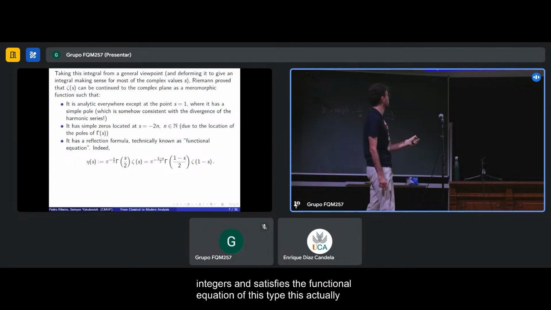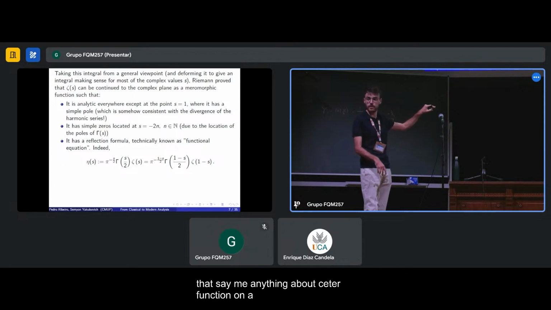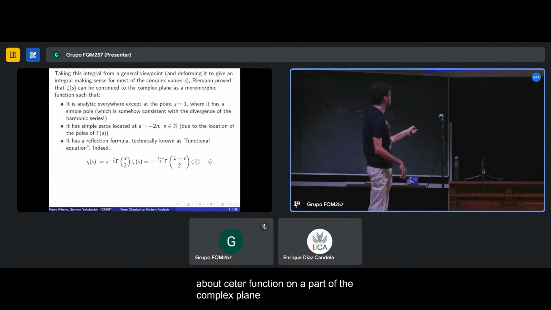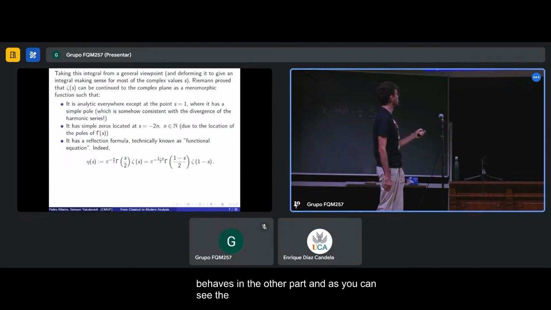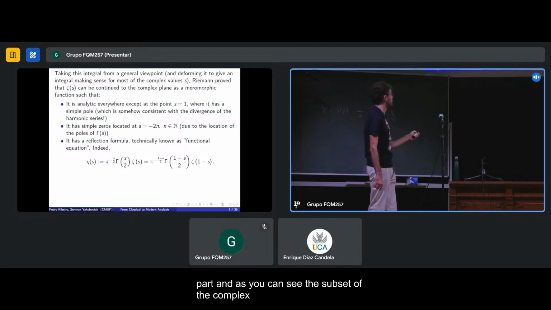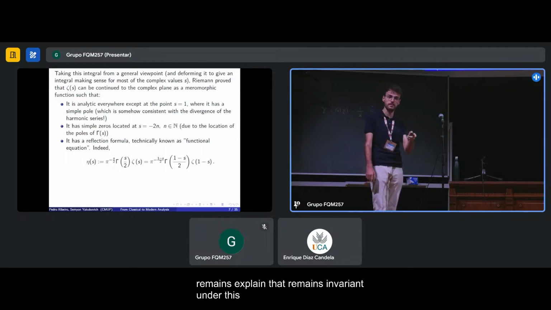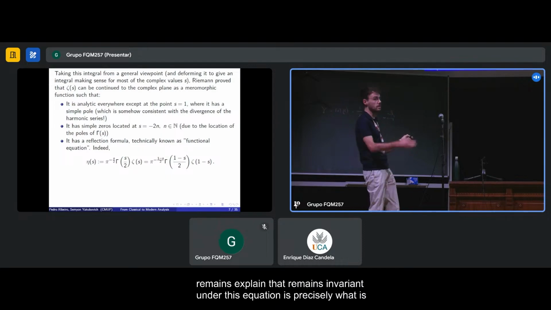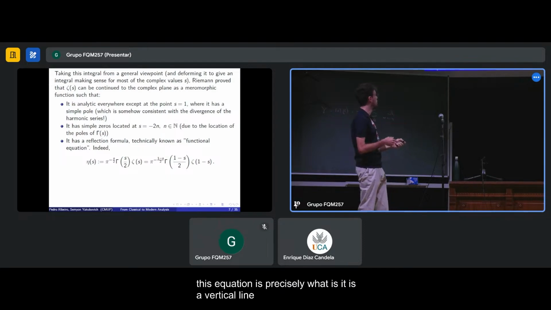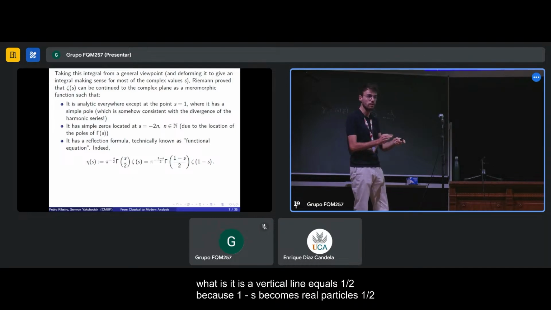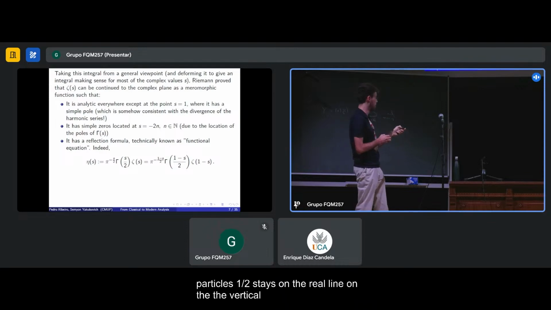This actually says that if I tell you anything about the zeta function on a part of the complex plane, then this tells how it behaves in the other part. And as you can see, the subset of the complex plane that remains invariant under this equation is precisely the vertical line with real part equal to 1/2, because 1 minus s keeps the real part equal to 1/2.